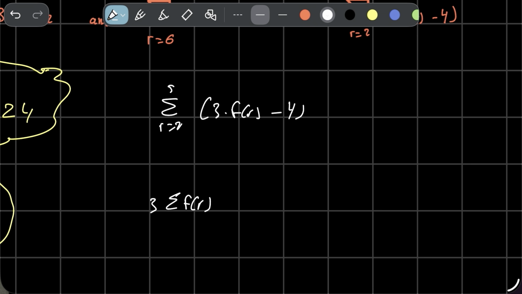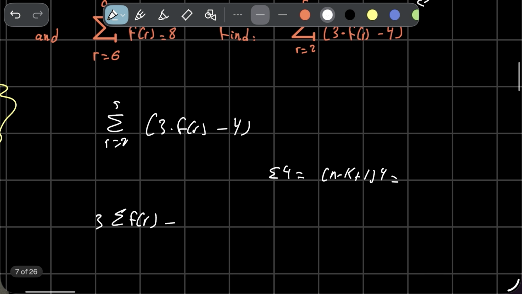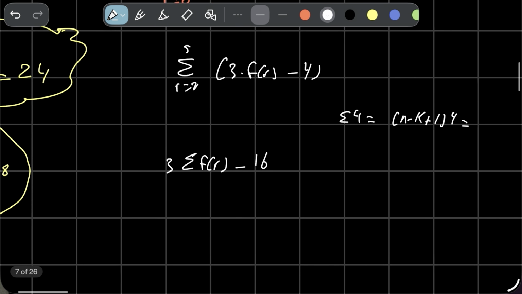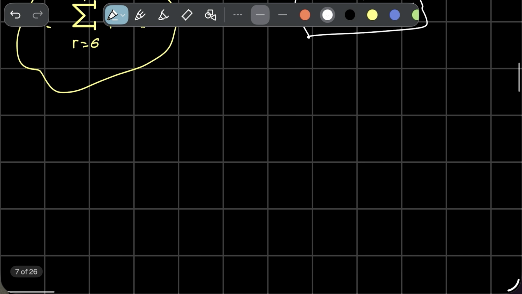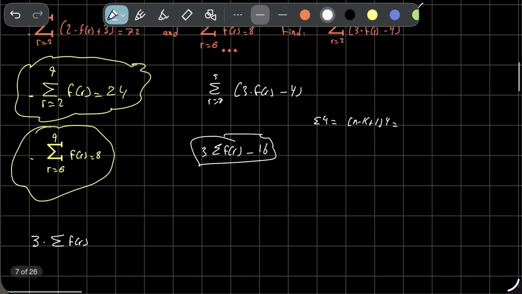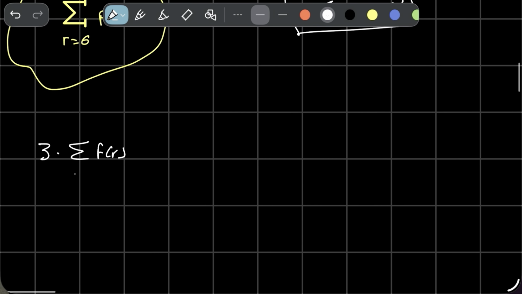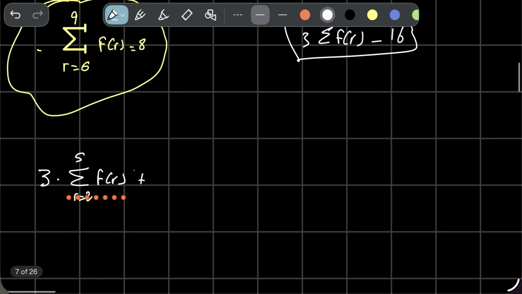And sigma 4, we know it's n minus k plus 1 times 4, which is 5 minus 2 plus 1, which is 4, times 4, which is 16. Minus 16. We have to evaluate this one. Now first, 3 times the sigma of fr, not from 2 to 9, but from r equals 2 to 5, minus 16.